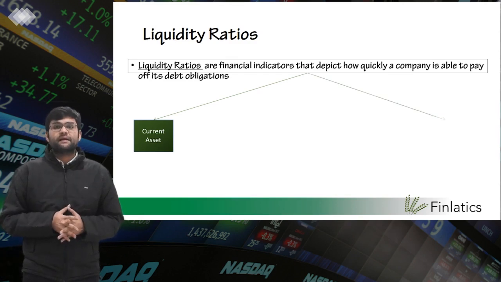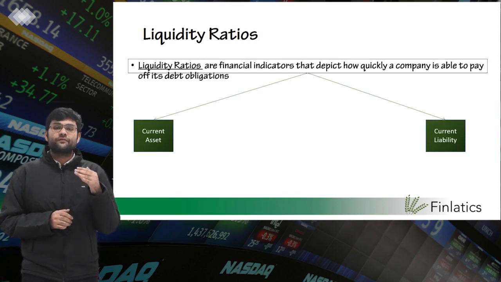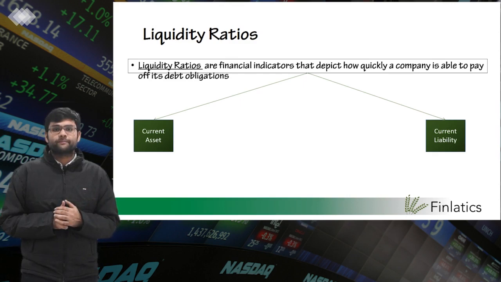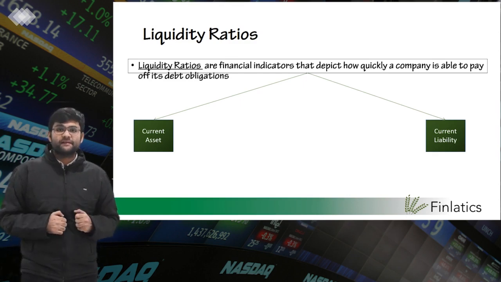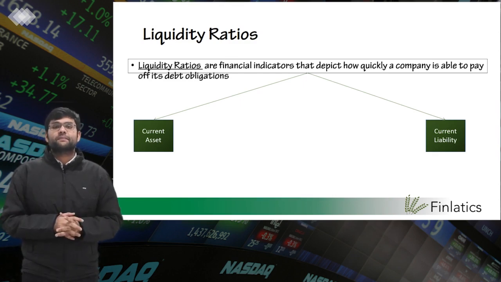Current liabilities is the second concept that we need to understand to further study liquidity ratios. Current liabilities are those liabilities that the company needs to pay off within 1 year. This includes credit purchases and taxes, among others.